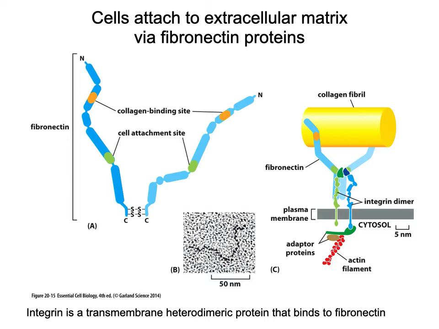Inside the cell, we see the plectin makes attachments between the intermediate filaments and the actin filaments. And so again, the fibronectin is going to have that same kind of role where it's making these connections between our epithelial cell and our extracellular matrix.